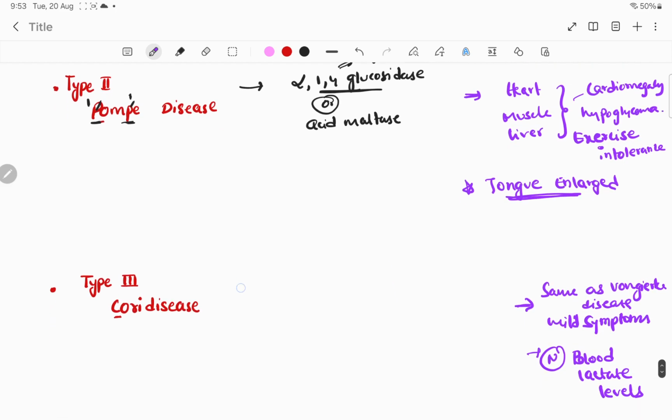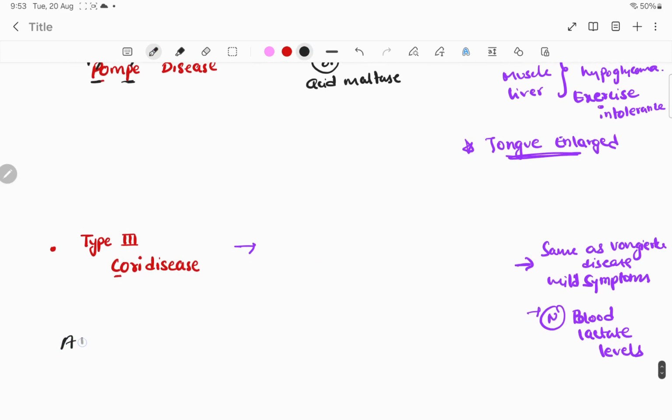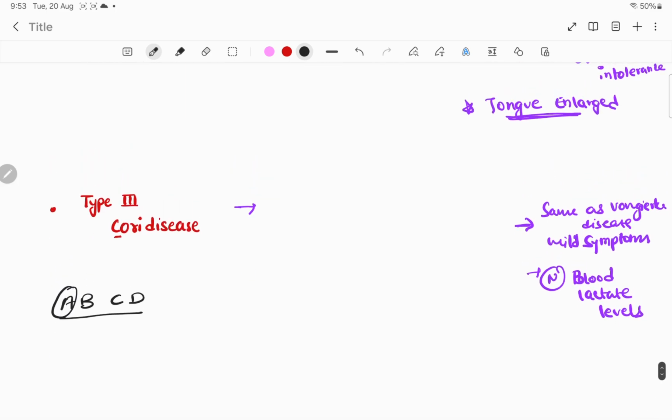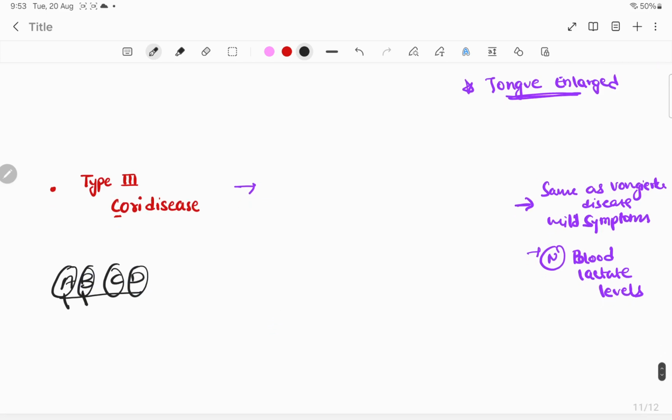Type 3, Cori disease. How will Cori disease present? Remember A, B, C, D. Anderson's is the branching enzyme, Cori is the debranching enzyme. So C, D: Cori is debranching enzyme deficiency.